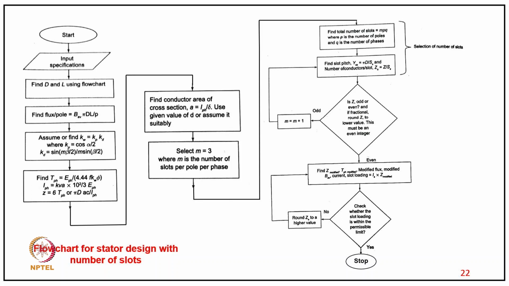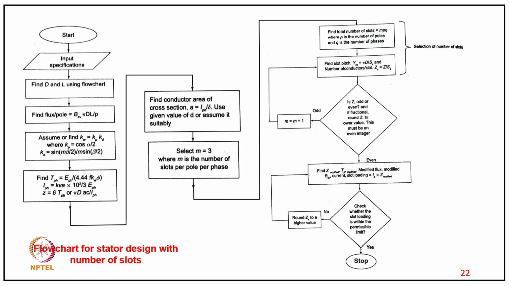Select M equal to 3, where M is the number of slots per pole per phase. Find the total number of slots, MPQ, where P is the number of poles and Q is the number of phases. And find the slot pitch, Y equal to pi D upon S, and number of conductors per slot, Z equal to Z upon S. Either Z is odd or even, and if fractional, round Z to the lower value.